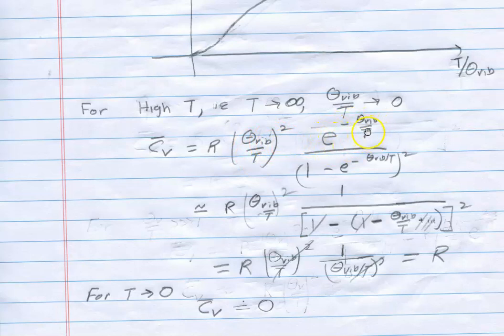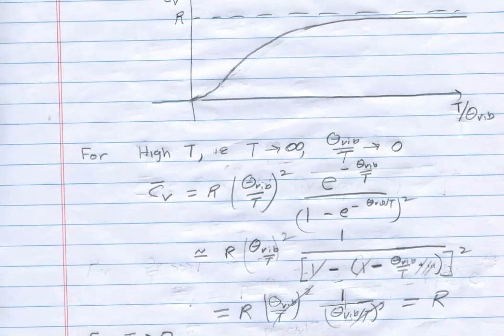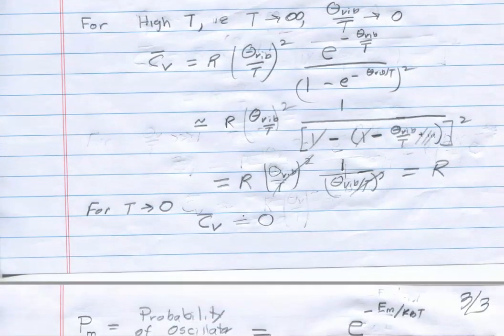And so this goes to 0 faster than this increases, and so the whole result becomes 0 on top. On bottom, again, as T goes to 0, this becomes infinite, and e to the minus infinity is 0. So indeed it does go through the origin here. And as I said, if you did a careful plot, it looks something like that for the system.